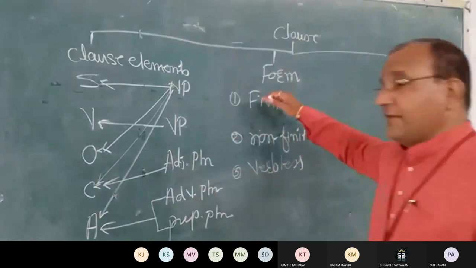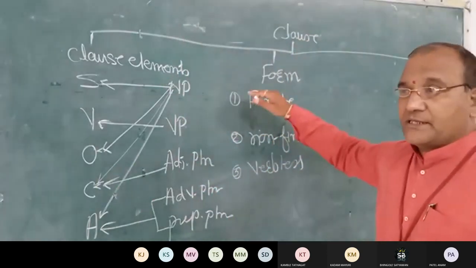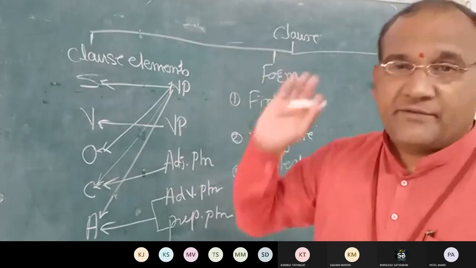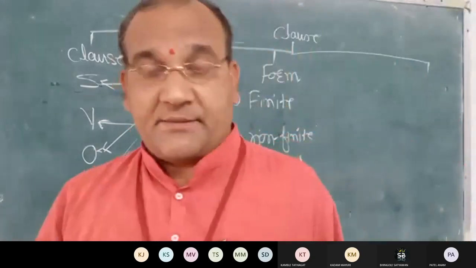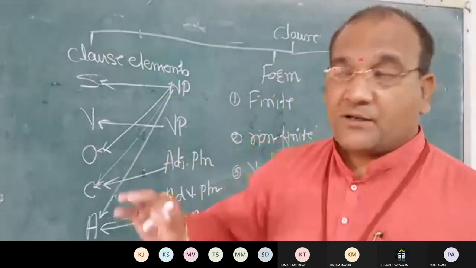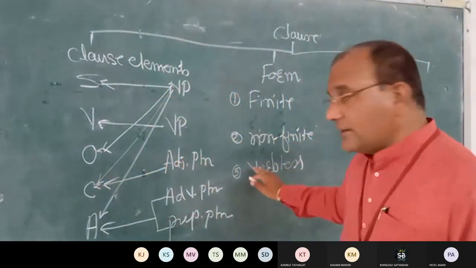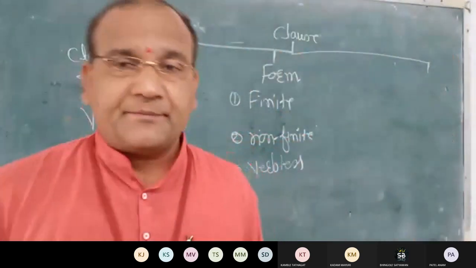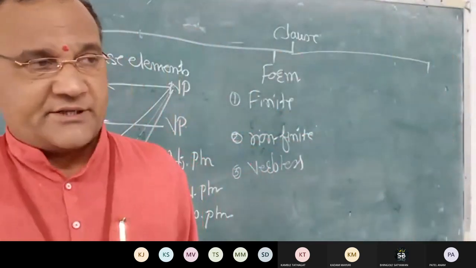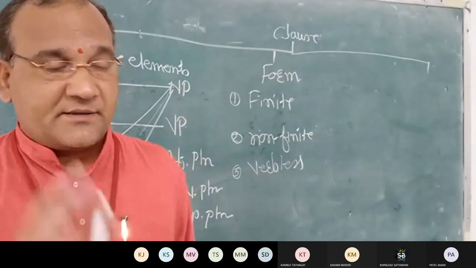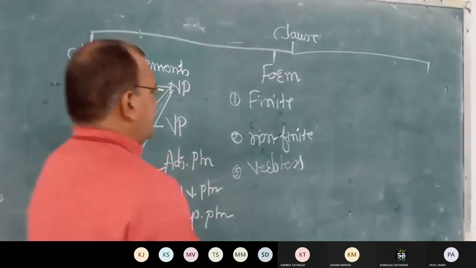So in a finite subordinate clause, the VP is complete in all respect. A non-finite subordinate clause is generally without conjunction and without subject, plus the auxiliary part is missing. So it is non-finite. And a clause which does not have any verb element will be a verbless clause. Let us talk about this.